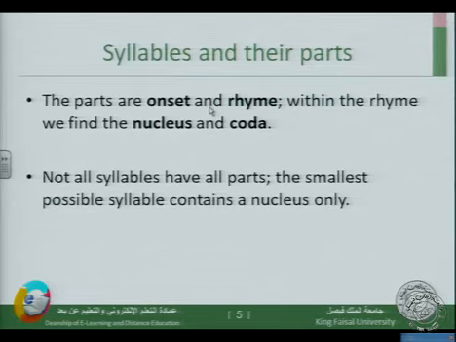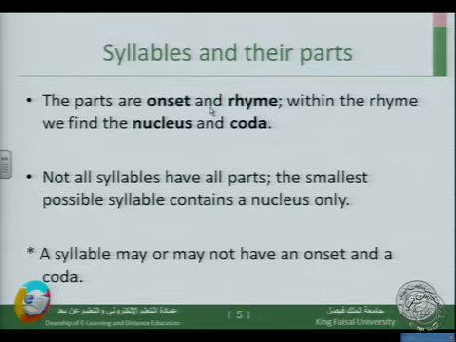I want you to wait until we get the rules, okay? However, not all syllables have all parts. Not all syllables have codas, for example, but they should have a nucleus. A syllable may or may not have an onset and a coda.